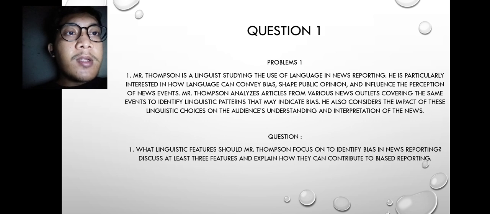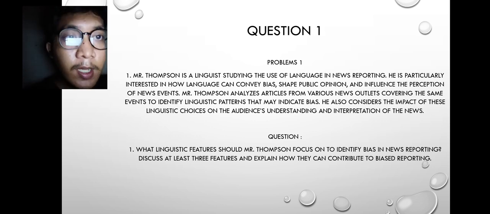Mr. Thompson analyzes articles from various news outlets covering the same events to identify linguistic patterns that may indicate bias. He also considers the impact of these linguistic choices on the audience's understanding and interpretation of the news.